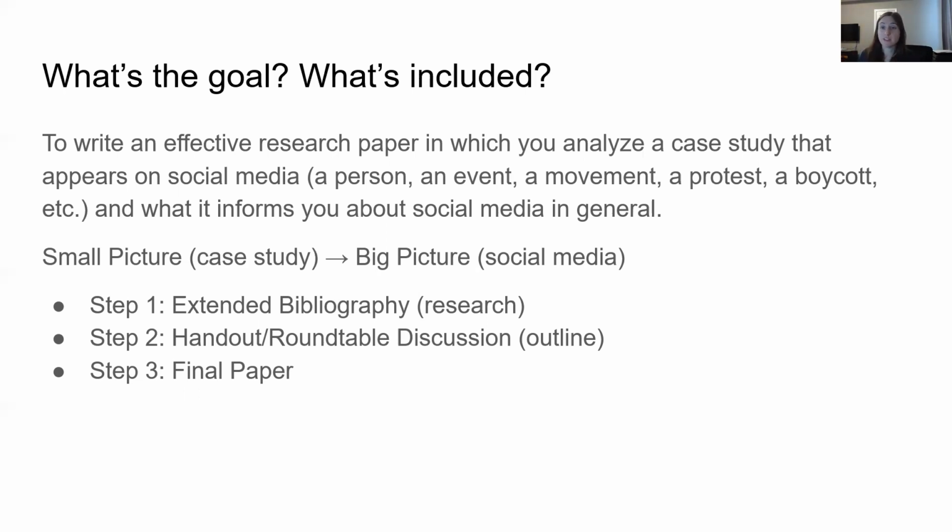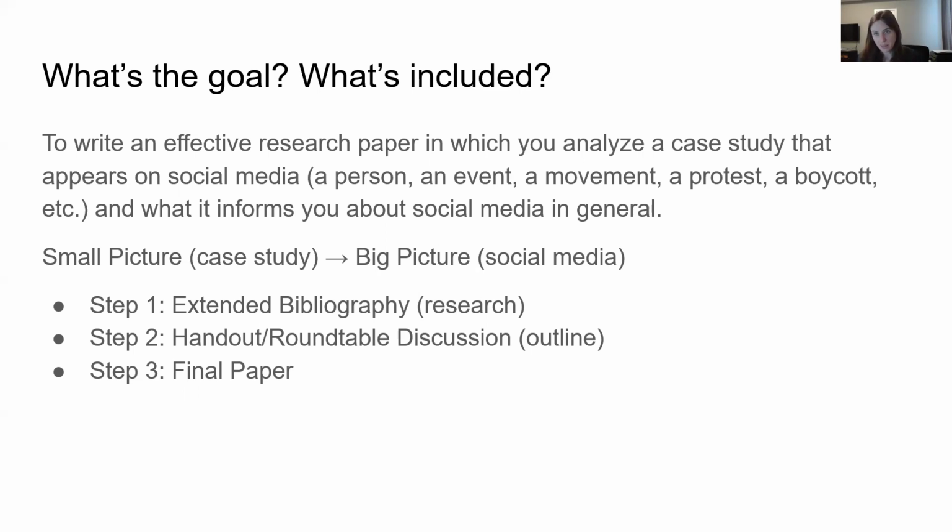This unit consists of 3 different parts, much like the MLA unit. Your first step is going to be crafting an extended bibliography. This is the research phase where you're really going to be going in depth with your case study and with various scholarly articles and magazines and newspapers and what they have to say about social media.